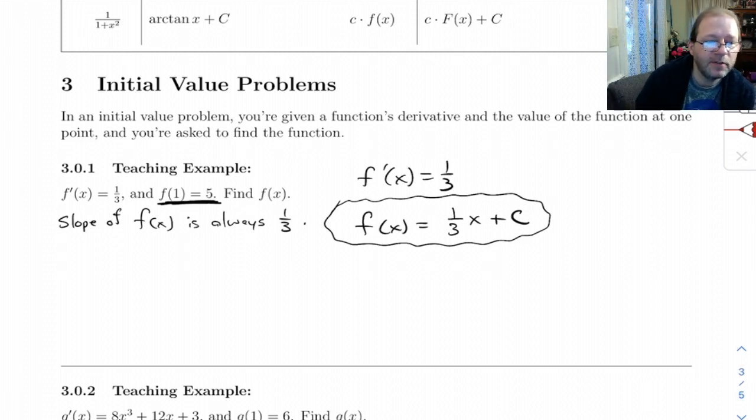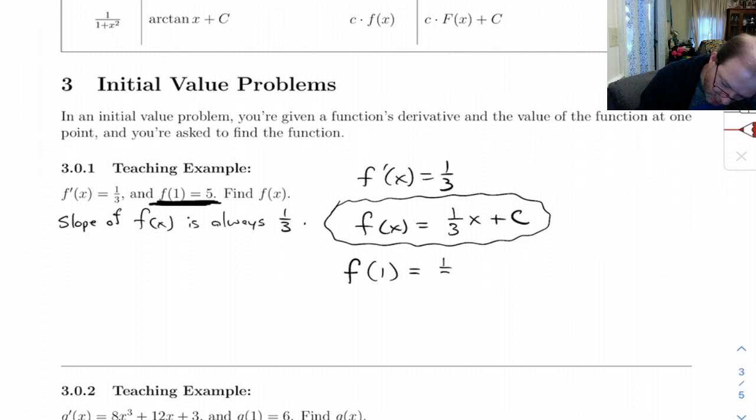Once we've got that, we just have to solve for c. And we'll do that using the initial value. F of 1 is 1/3 times 1 plus c. And f of 1 is also 5. So I just have to solve this equation here for c.